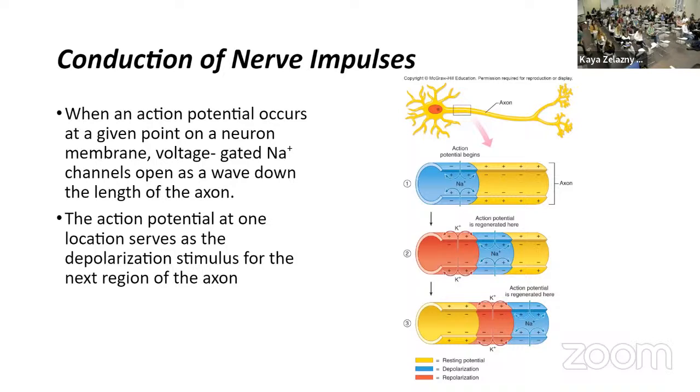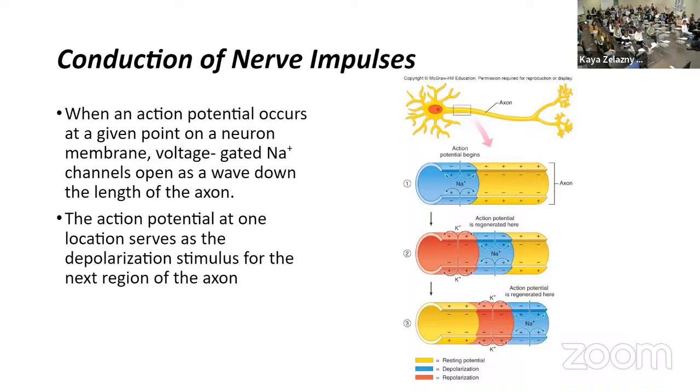When we're thinking about conduction, we're thinking about what's happening in space. So we're going to see that spike of positive 30 first happen here, then here, then here, then here, as we're going down the axon, from that axon hillock all the way down to the axon terminals.